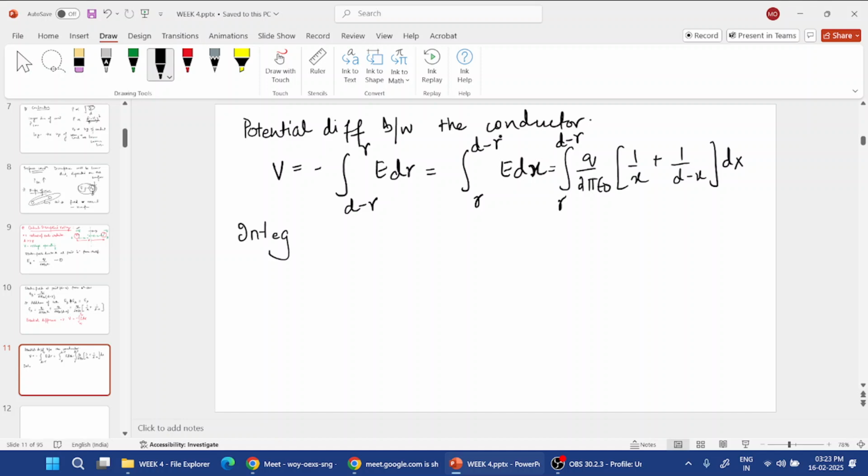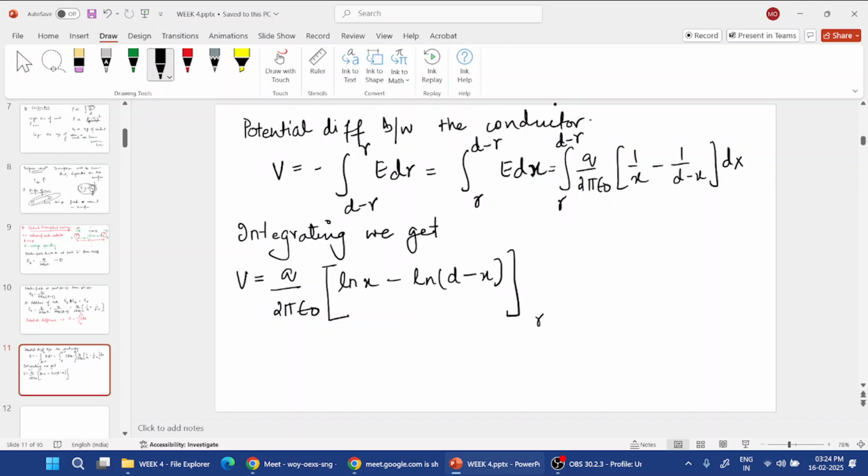So integrating, we get V = Q/(2πε₀), and if we put the limits, for this it is log x, sorry, just a second, this is minus log (d−x), and we are going to integrate from R to D−R. Okay, this is actually R to D−R.